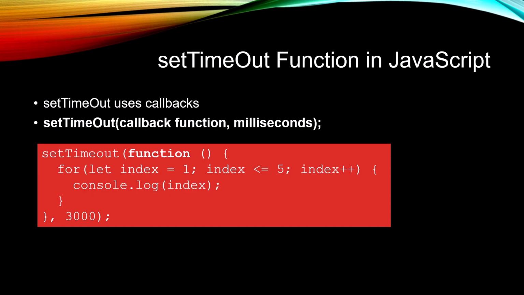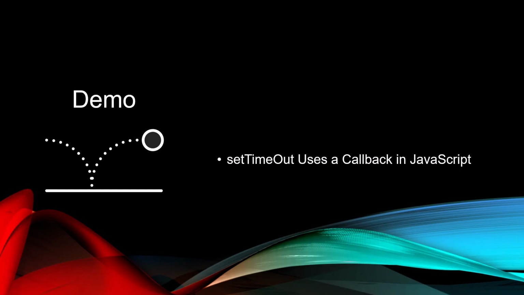What we're doing is we're giving this function to the event queue, and then we've told JavaScript, single thread of execution, go ahead and go on with your work. But in 3 seconds, 3,000 milliseconds, let's go check that event queue and see if we need to run this function. So let's take a look at using the setTimeout and a callback.